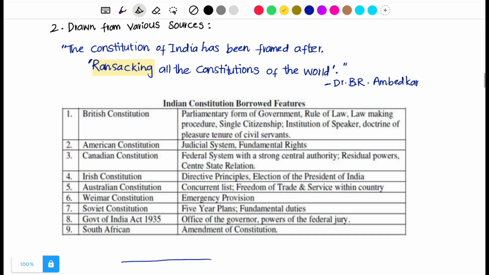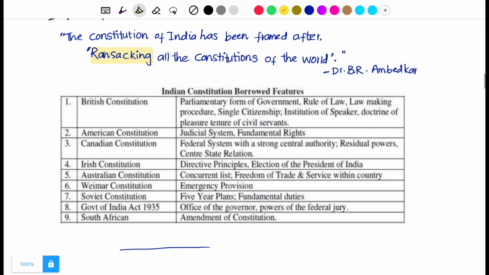The 5-year plans and fundamental duties are borrowed from the Soviet Constitution. The office of the governor and federal structure of the Indian Constitution are borrowed from the Government of India Act 1935. Go through this table, you will know what provisions are borrowed from which constitutions of the country.